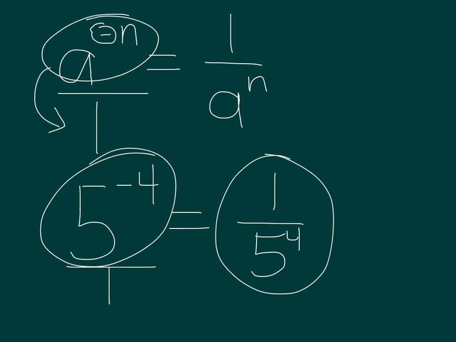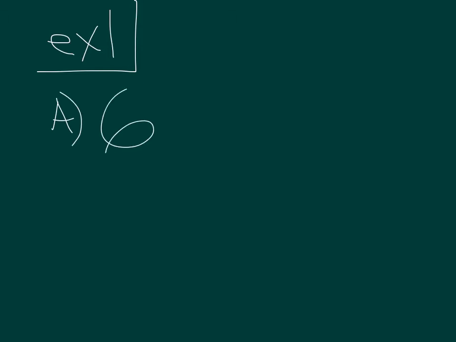Here's another example. Let's start with example number 1. We've got letter A, which is 6 to the negative 2 power. So we put that over 1 and then we flip it to the other side and make the exponent positive.